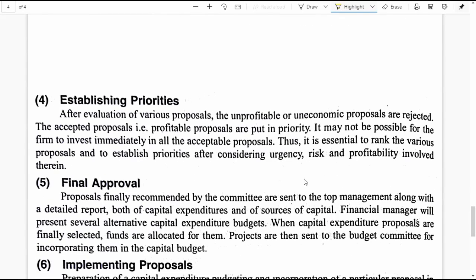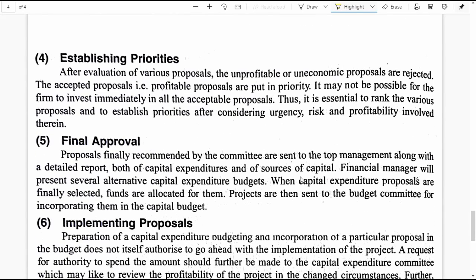The fourth step in the capital budgeting process is establishing priorities. After evaluation of various proposals, the unprofitable or uneconomic proposals are summarily rejected. The accepted proposals, which are said to be profitable proposals, are put in priority.